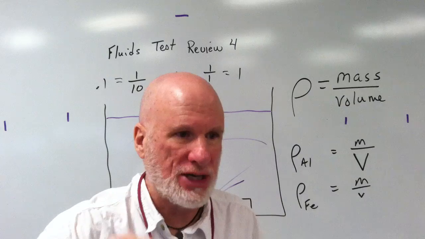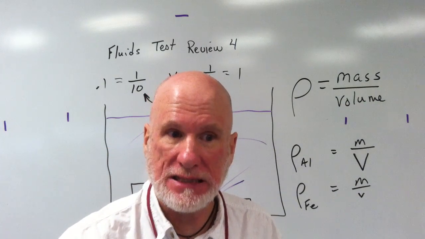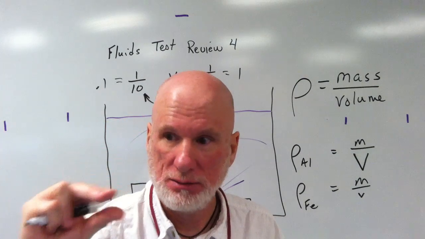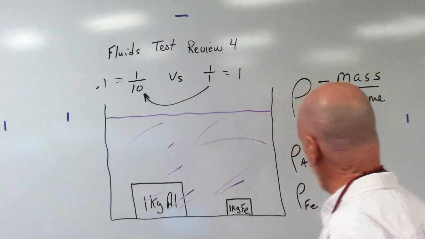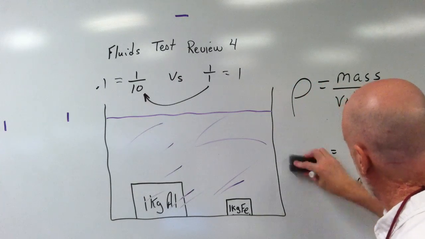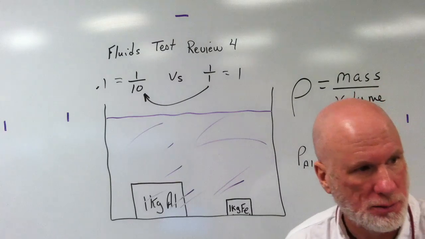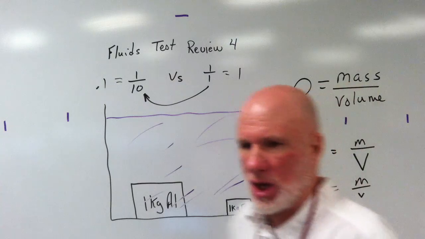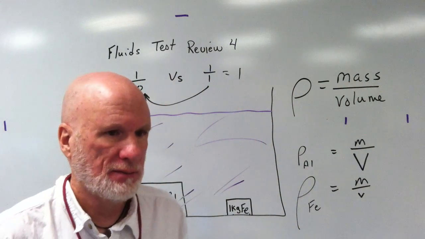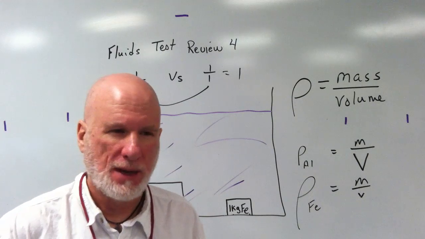So as I increase the denominator, what happens to the quotient? It gets smaller, right? So we can say that one is small, and that one is large, relatively speaking.